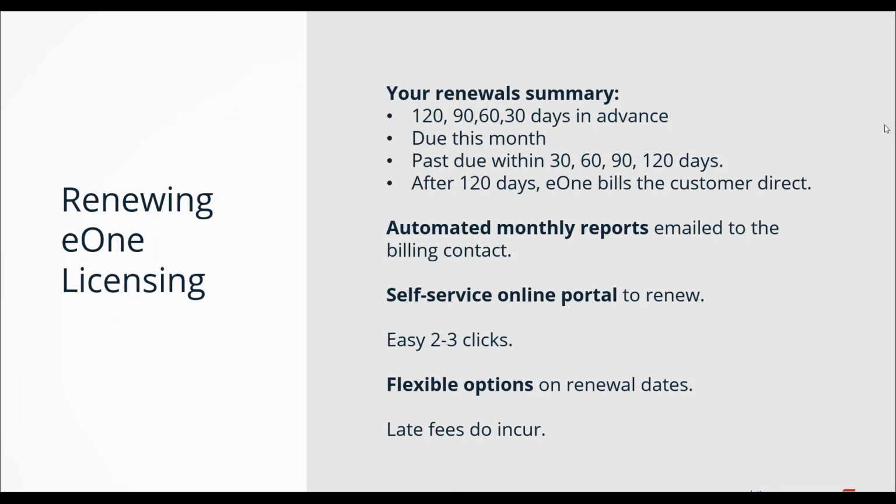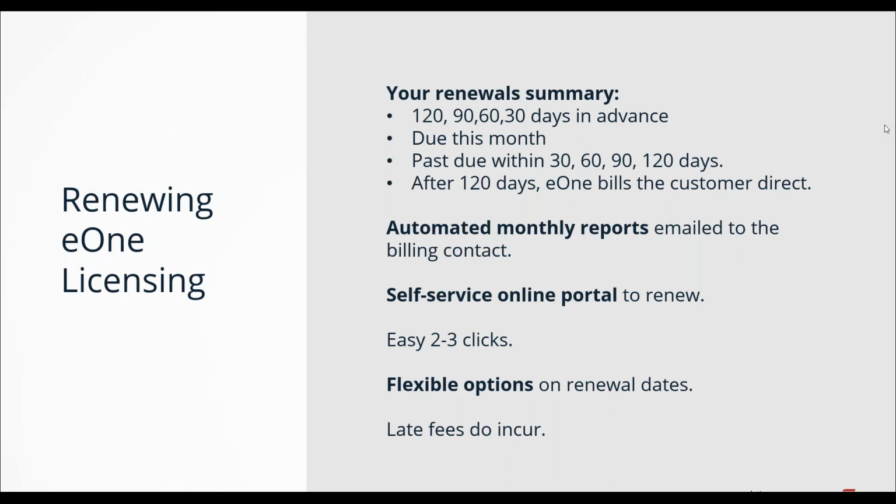If you're a partner and you're purchasing on behalf of a customer, the report will go to you as the partner. And in working with our team, when you're initially starting with us as a partner, we're going to ask you to make sure that we have the right billing contact, so that every month at the beginning of the month, that billing contact will receive a summary of all the renewals coming up.